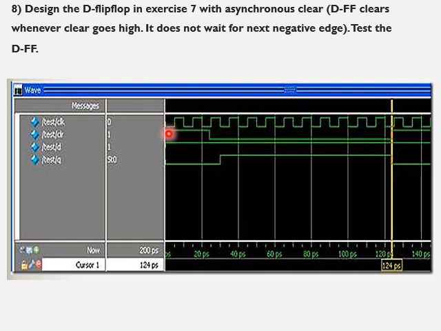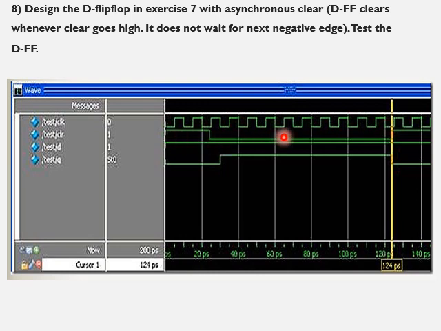The clear we initially started with 1, and after 24 time units we made it 0, and then after 100 time units from 24, that is at 124, again we are making it 1. Then after 120 time units we are again making it 0, which is not shown here in the waveform. And D we had maintained at 1 throughout.